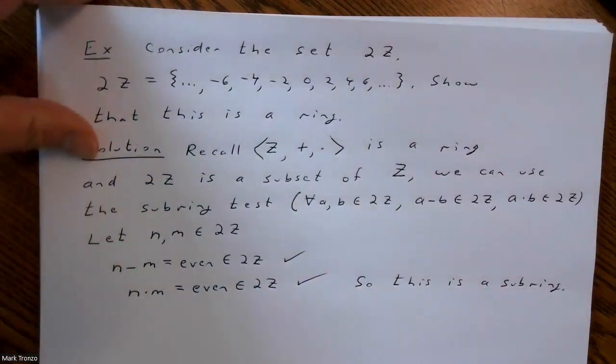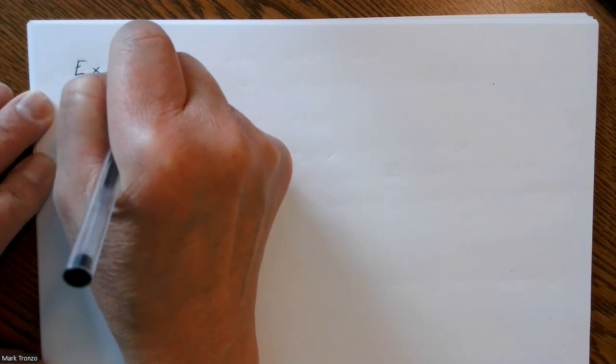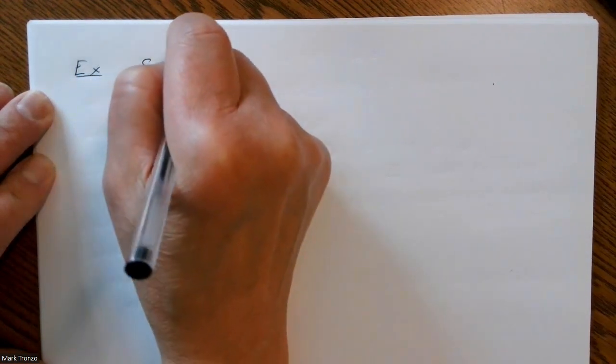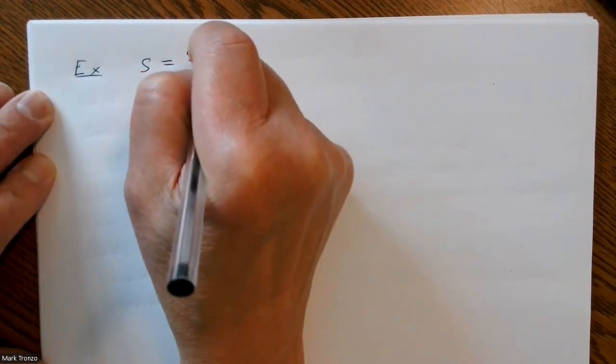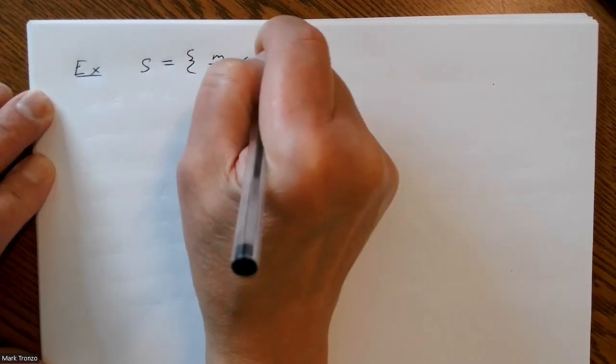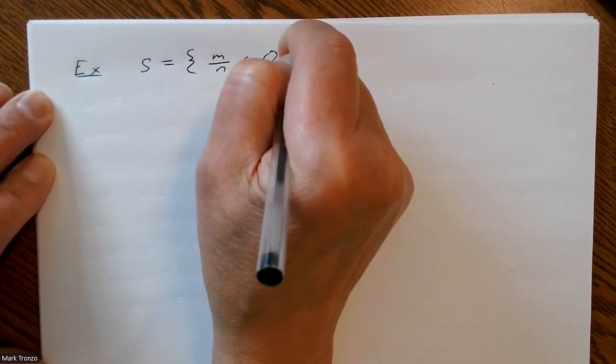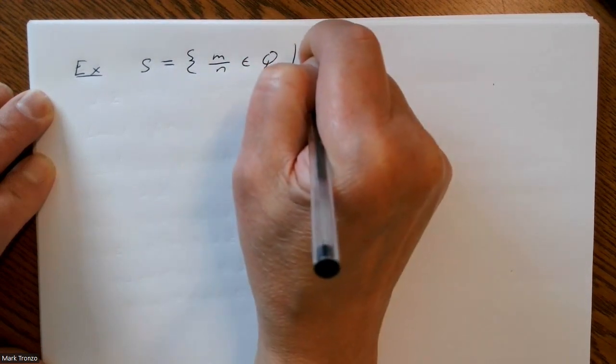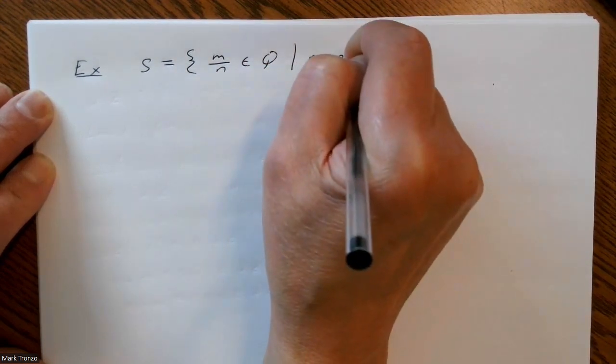Let me do another example. Let's say S is the set of M over N such that N is odd.